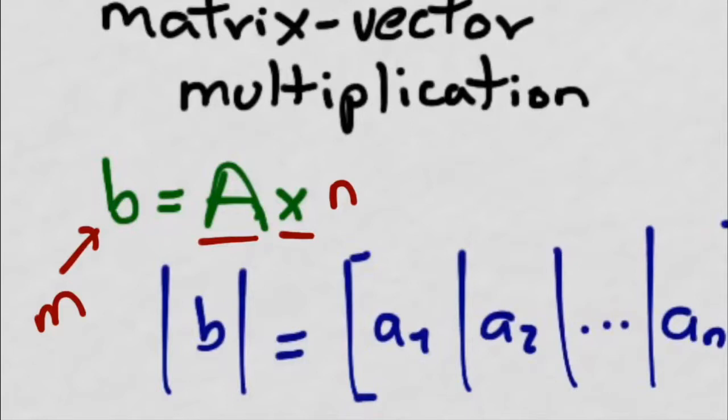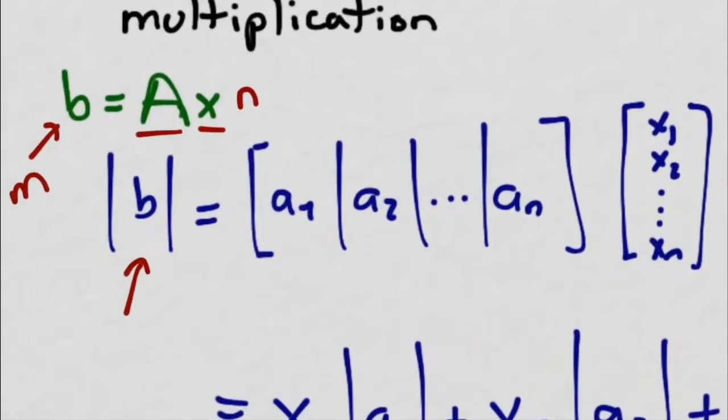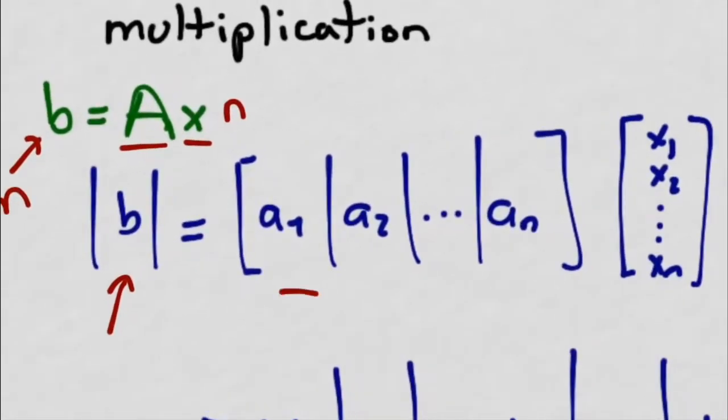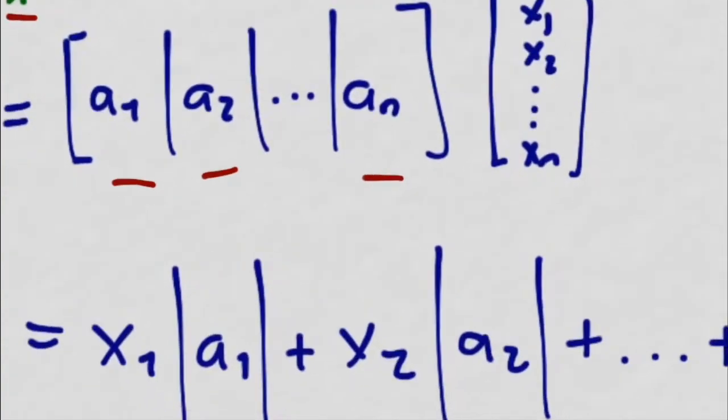It's a linear combination of the columns of A. This is very important, and I repeat it. The new created vector is a linear combination of the columns of A. So here, b is a linear combination of the first, second, until n columns of A, given these scalars of x.